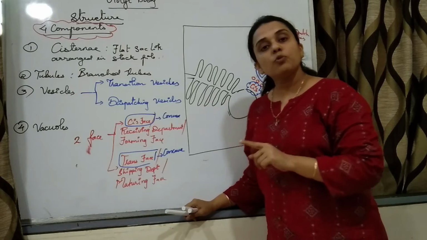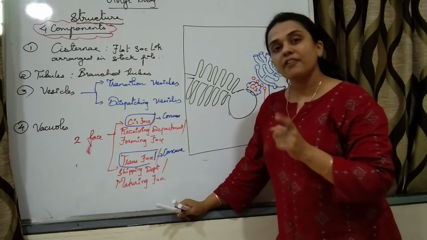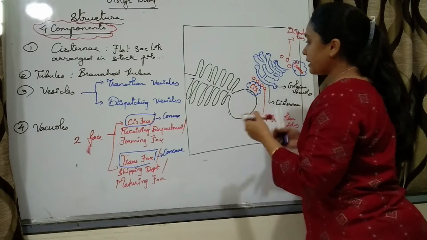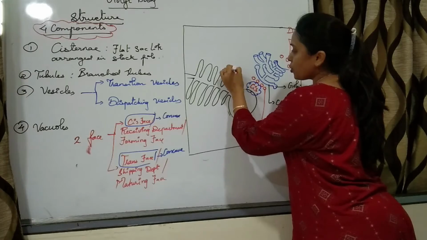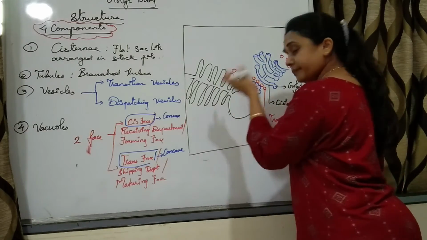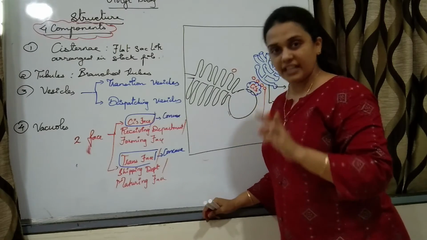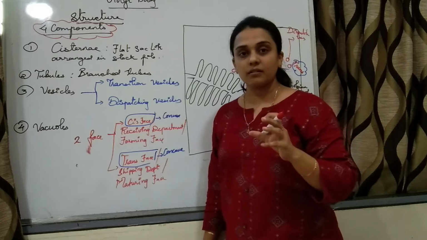Say we are talking of the endoplasmic reticulum. We know the smooth endoplasmic reticulum's function is lipid synthesis and the rough is protein synthesis. So what happens, students, is that this endoplasmic reticulum is producing proteins and lipids. The proteins and lipids produced by the endoplasmic reticulum will be packaged in vesicles.